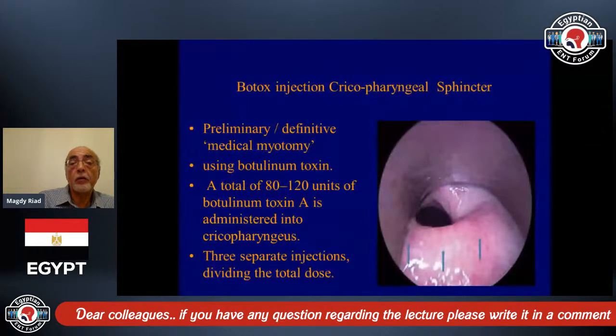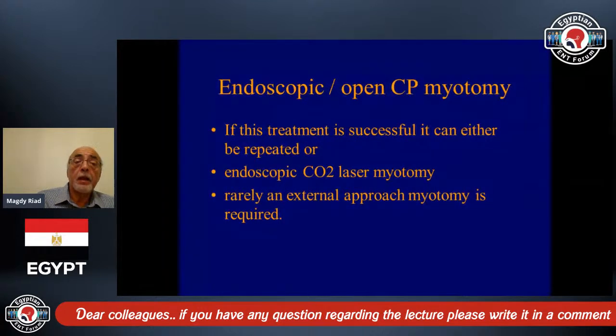The easier thing, of course, is to inject Botox in there, and you inject it in 3 sites, midline and a little bit posterolateral to that, and it works quickly, but it's temporary. And if it's successful, you can repeat it. And if you want a permanent solution, you can do the myotomy endoscopically by using a laser, or you can use an external route and split the muscle.